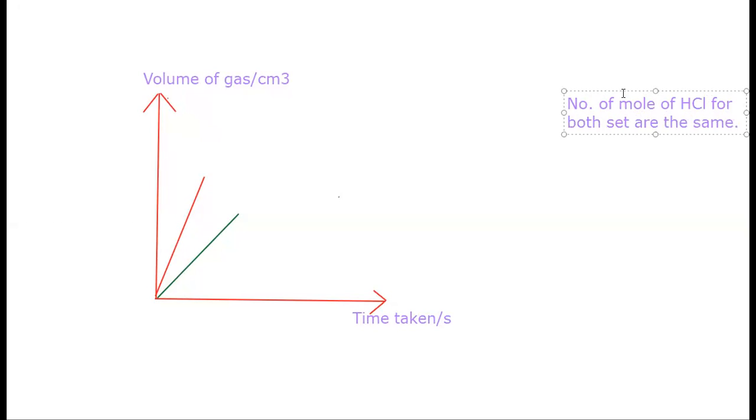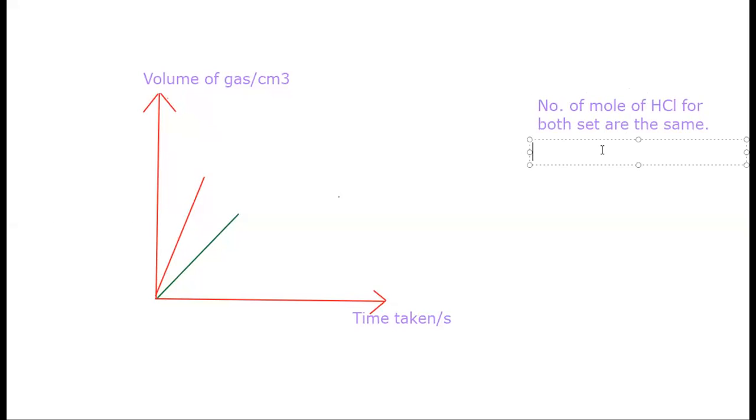When the number of mole for the hydrochloric acid are the same, meaning, again, we can talk about the ratio. Okay, let's say we ratio the HCl to the hydrogen gas. It will be 2:1. And later, when you do your calculation for the number of mole, you'll find that they get the same number as well.